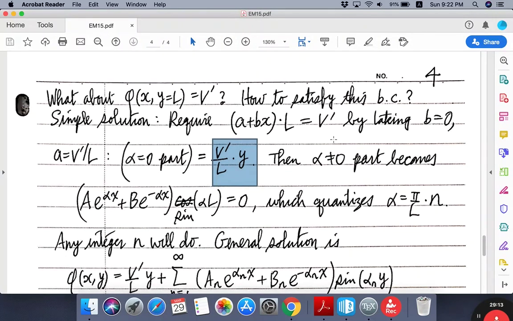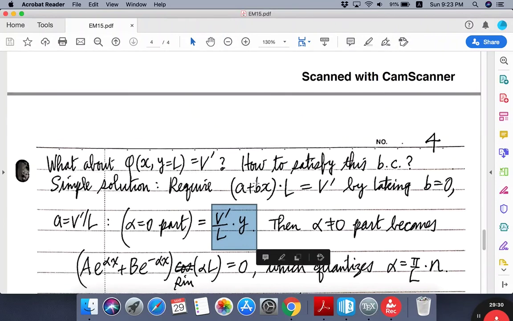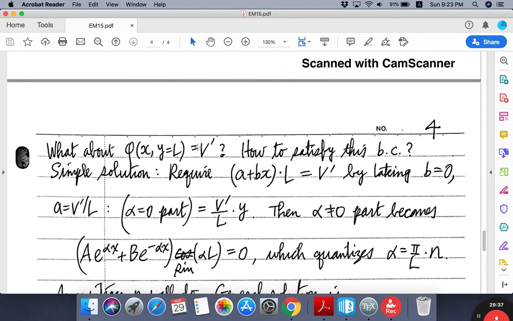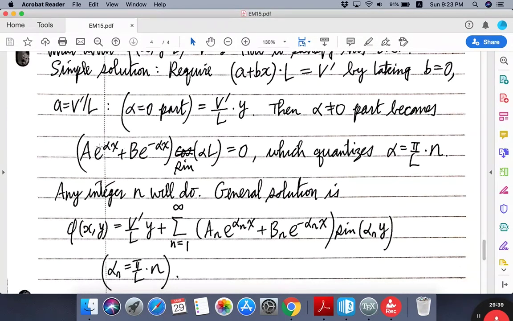But since this boundary condition, that the potential be equal to V prime, has already been taken care of by this linear part of the solution, the other part, namely this part, will now have to satisfy a different boundary condition.